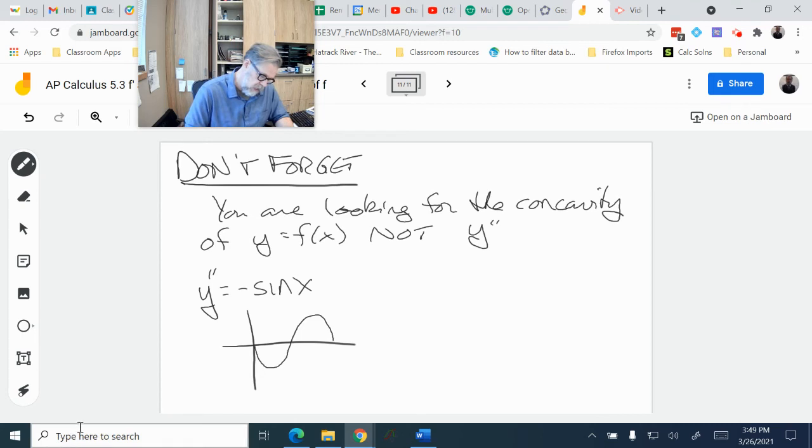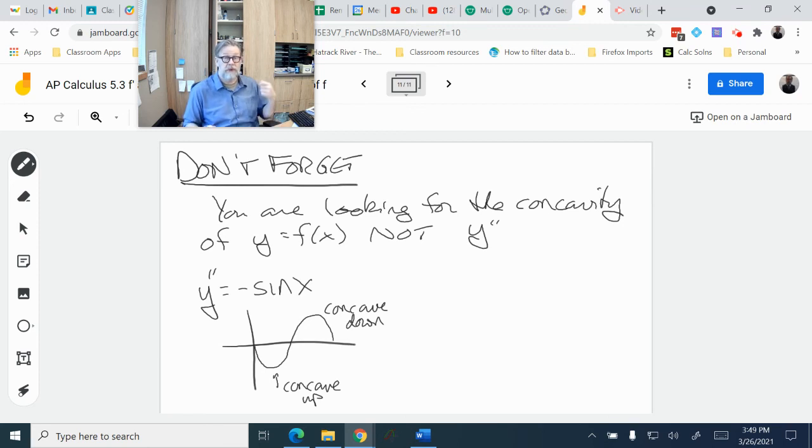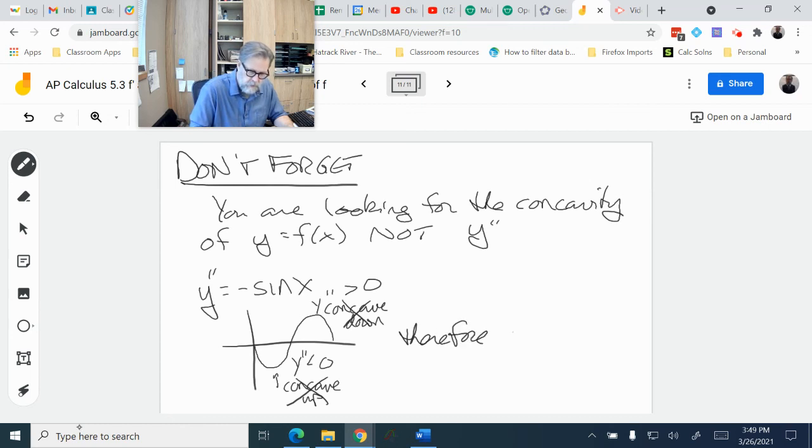And I would say, aha, concave up, concave down. Because in the process of taking all my derivatives, I forgot that I'm not interested in the concavity of the second derivative. I'm interested in the value of the second derivative. y double prime less than 0, y double prime greater than 0. Therefore, concavity of y.